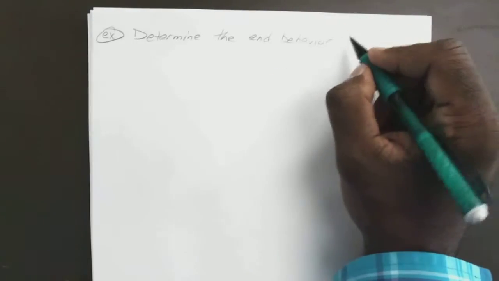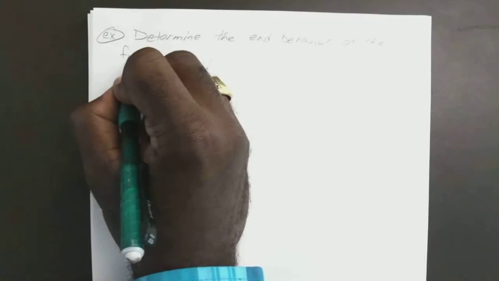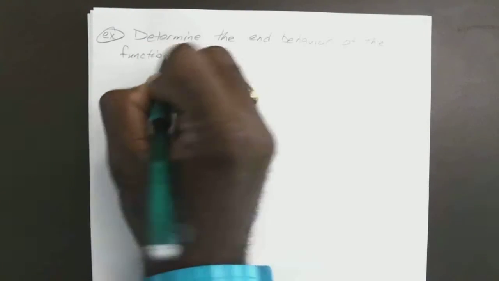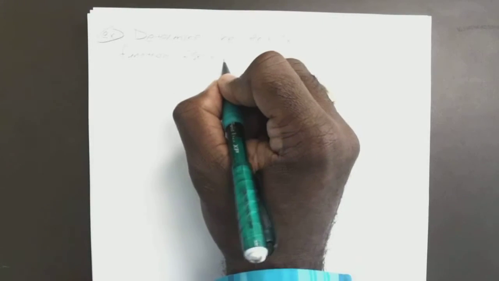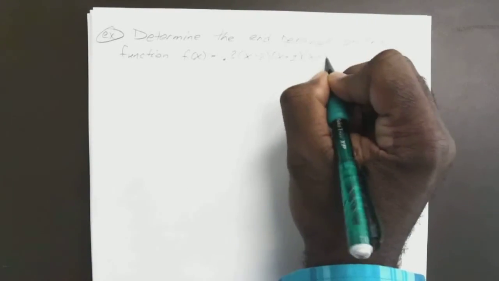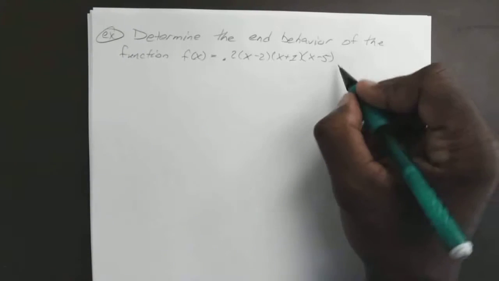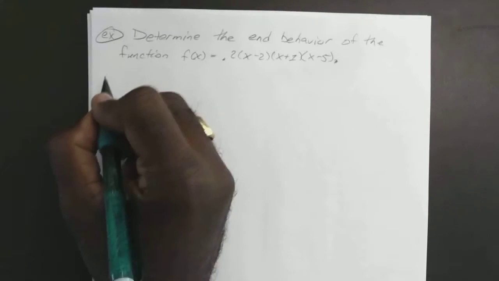Let's say we wanted to determine the end behavior of the function f of x equals 0.2 times (x minus 2)(x plus 1)(x minus 5).